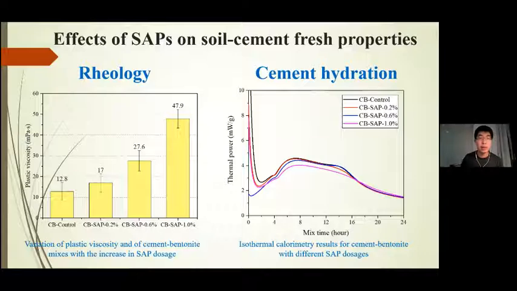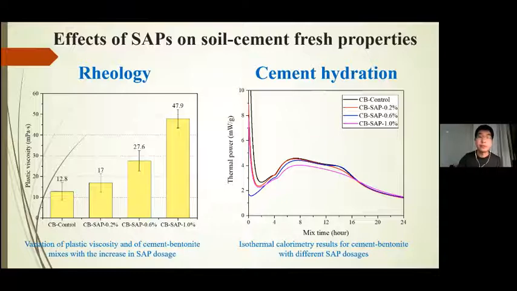You can see when we add up to 1% of the SAPs in the cement bentonite slurry, it has about three times the plastic viscosity compared to the control sample. But in reality, the recommended maximum plastic viscosity for cement bentonite slurry is 80 MPa/second.